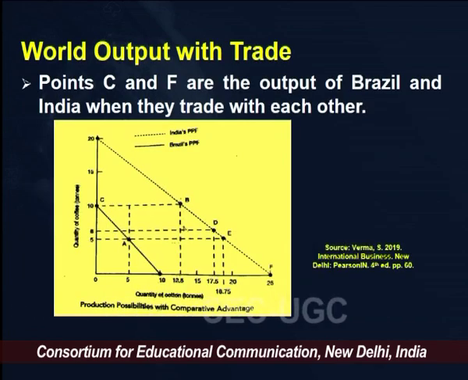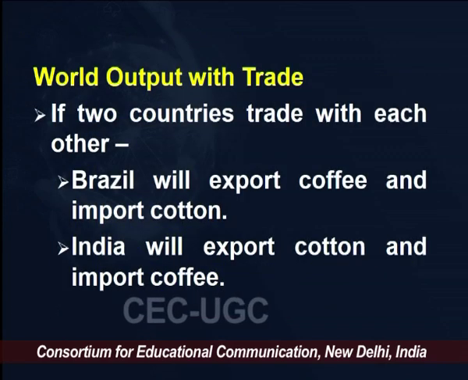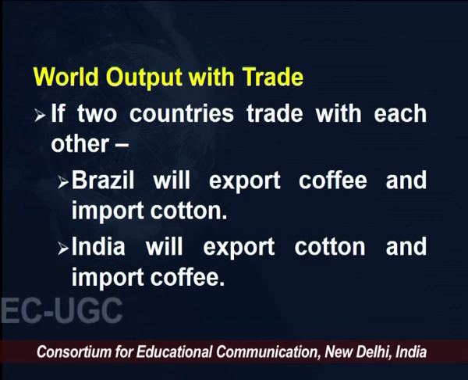So, in this diagram, the situation is that at point C, Brazil will produce the whole of the output for coffee, and India's position is point F where they are producing the whole of cotton. If two countries trade with each other, Brazil will export coffee and import cotton, India will export cotton and import coffee.